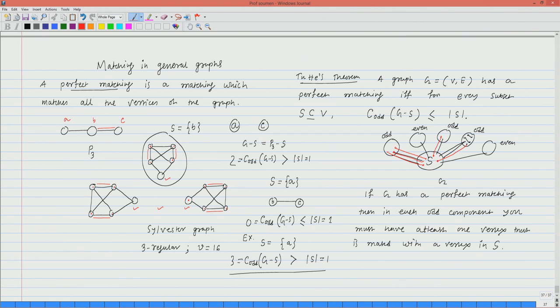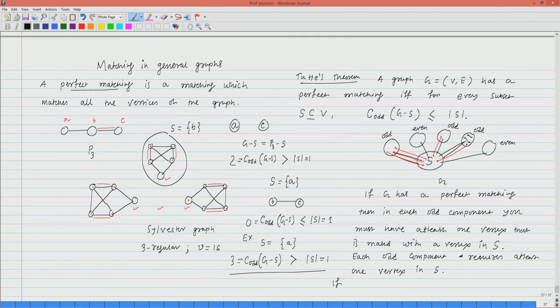So, that is why it says that if G has a perfect matching, then in each odd component you must have at least one vertex that is matched with a vertex in S. So, each odd component, in other words, requires at least one vertex in S.